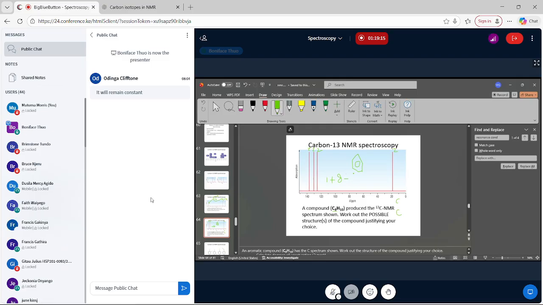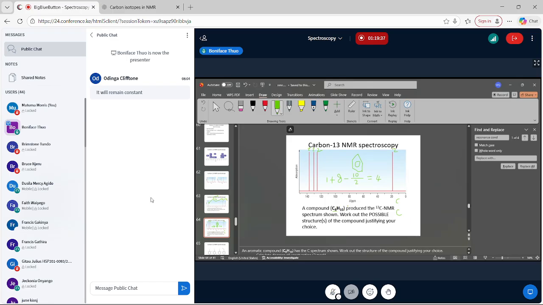We subtract the number of hydrogens, which is 10. We do not have any other group, and we divide that by 2. So that gives us 4.